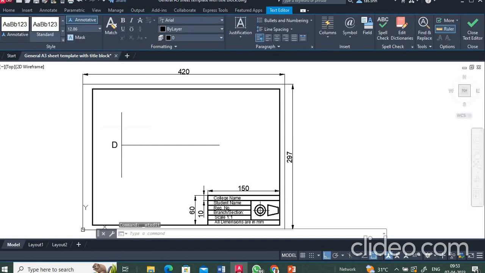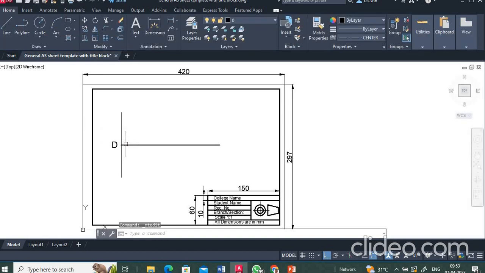This itself is big. Okay, let it be. So this line is D, and the DF distance is given as 40 mm.